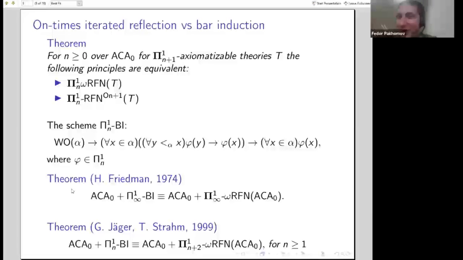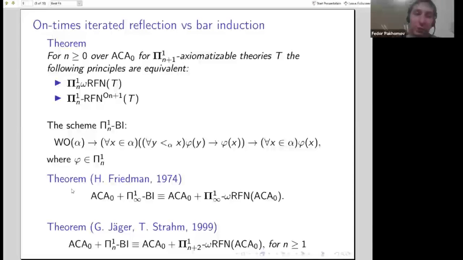So when we state that something is well founded, we essentially say that it doesn't have infinite descending arithmetically definable chains, arithmetically definable with set parameters. But here we want to do induction for more complicated formulas, and it doesn't really follow from the axioms of ACA naught that we could do this, and this gives us some proof-theoretic strength.